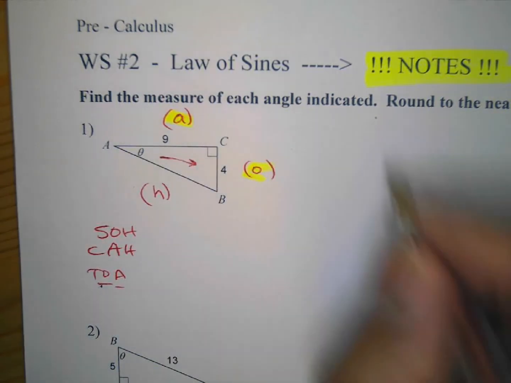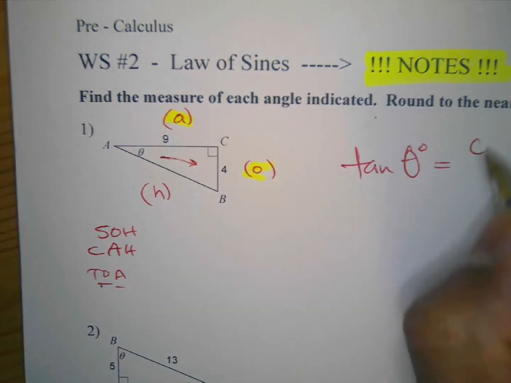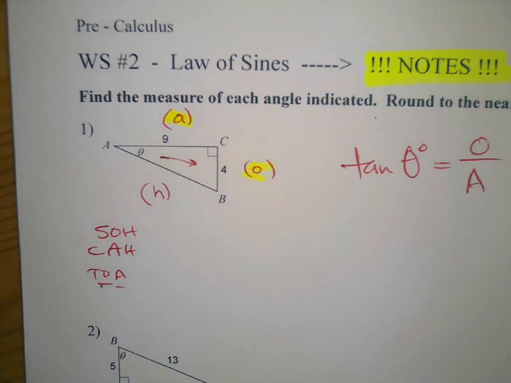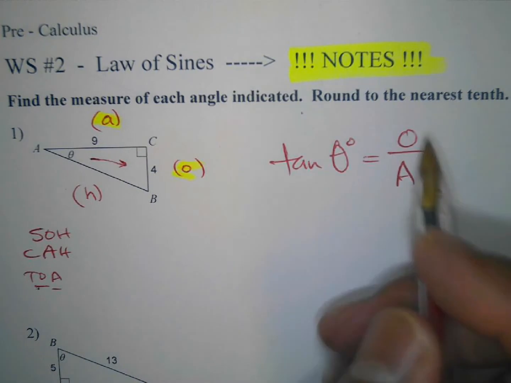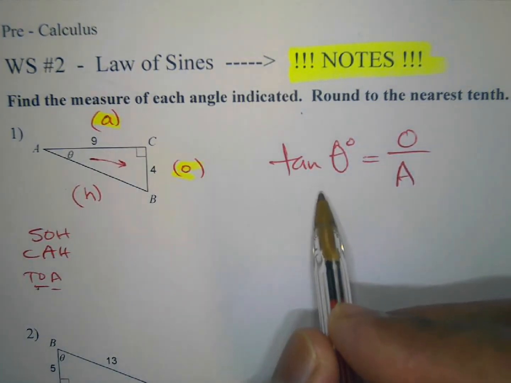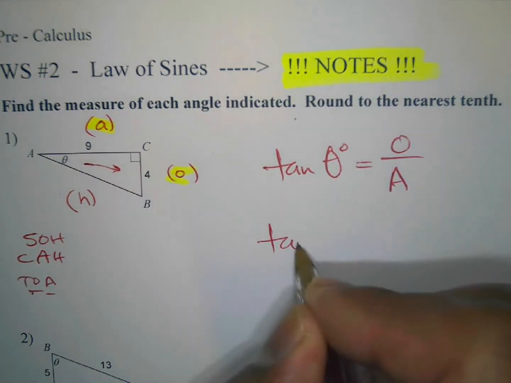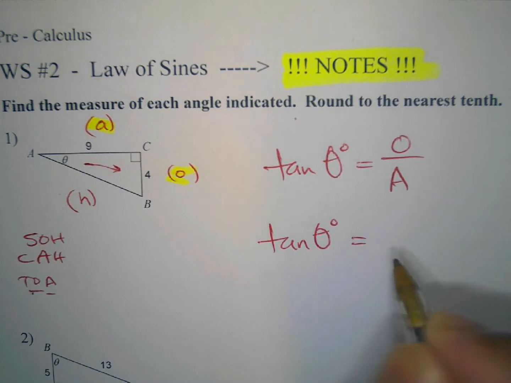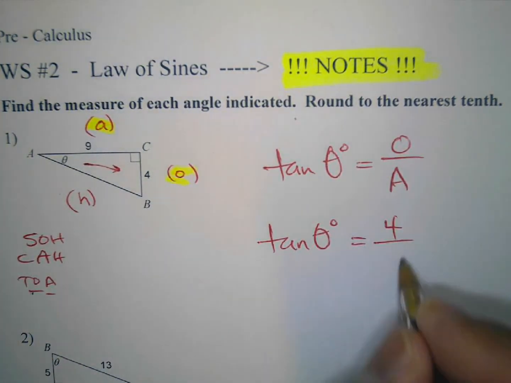O and A. So that would be tangent of the angle is equal to opposite over adjacent. And again, before you used to know the angle measure and there was a missing side. But now it's the angle measure that you're looking for, right? So that would be tangent of, I don't know, the angle is equal to 4 over 9.